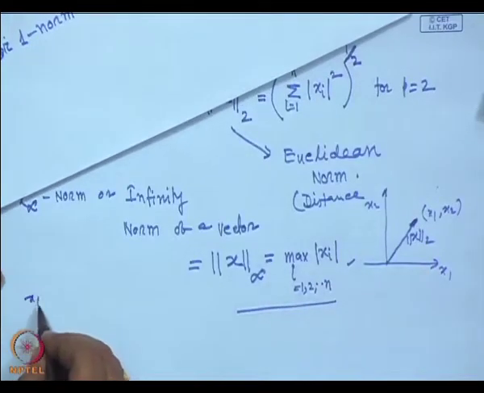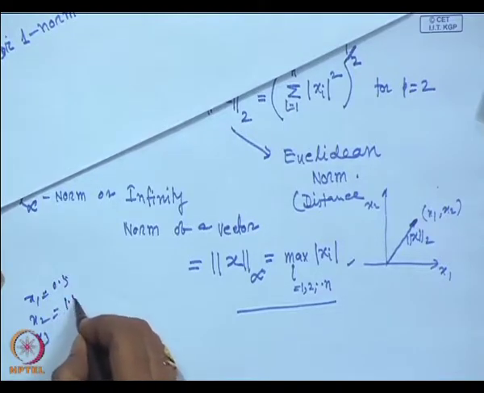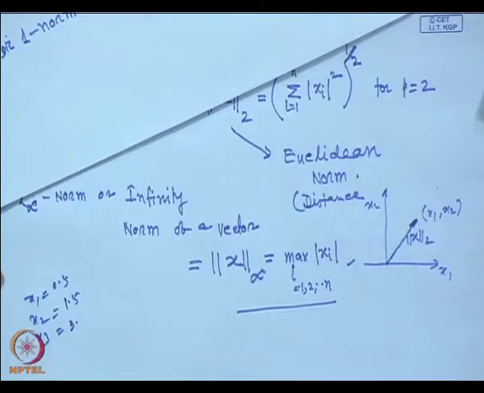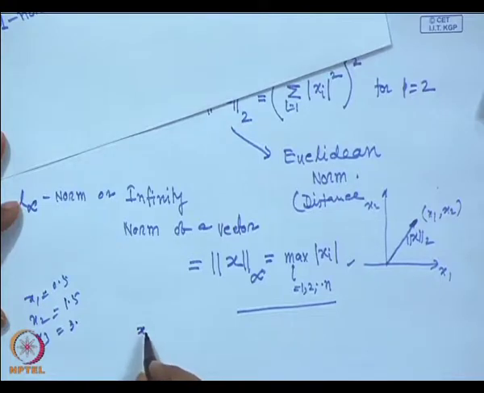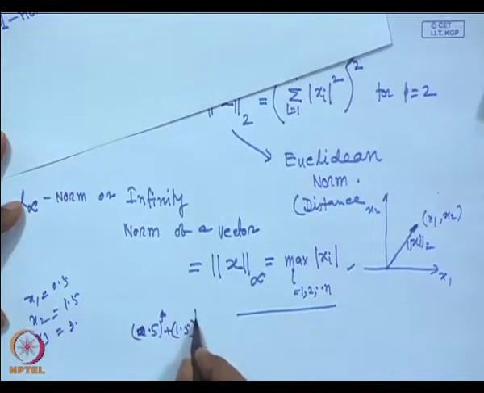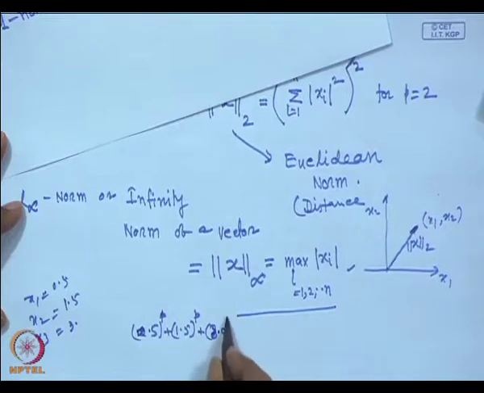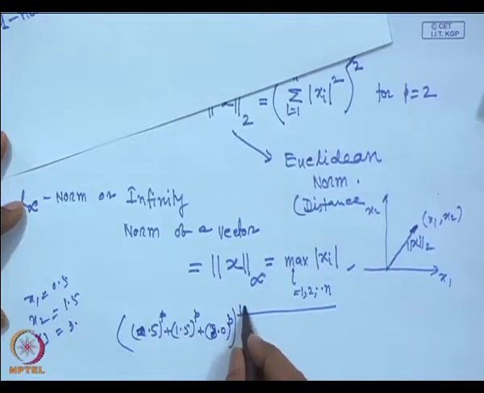Have you followed my point? Let us call x 1, x 2 and x 3, where x 1 value is 0.5, x 2 value is 1.5, x 3 value is 3. Then we write the sum of 0.5 to the power of p, 1.5 to the power of p, 3.0 to the power of p, whole to the power of 1 by p.